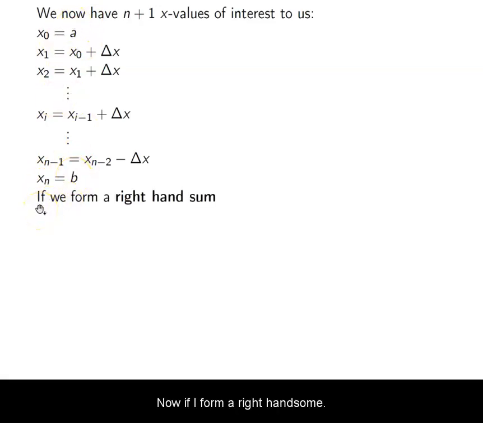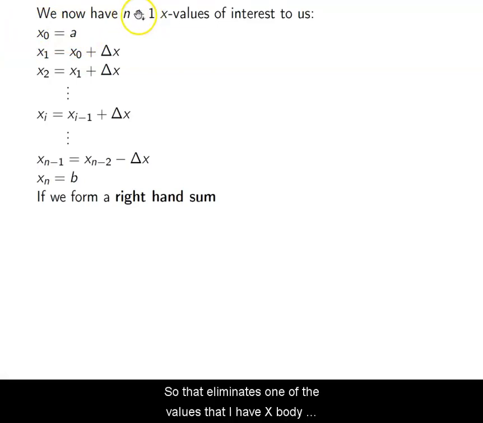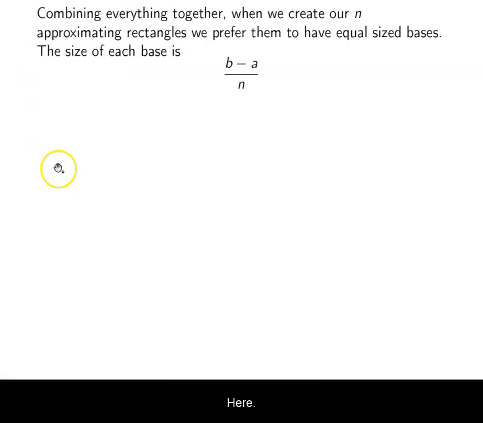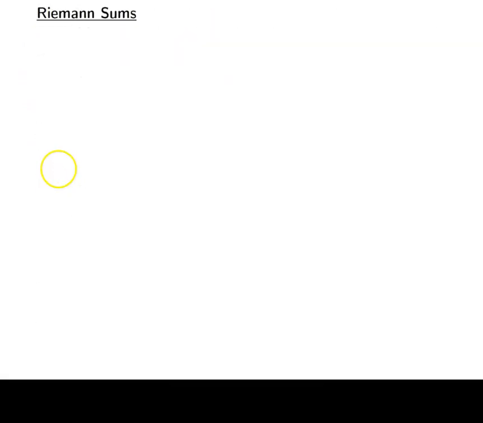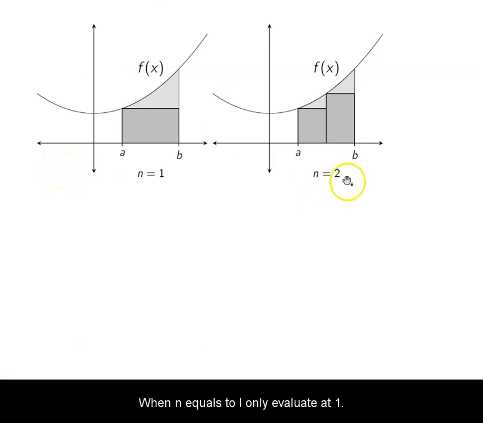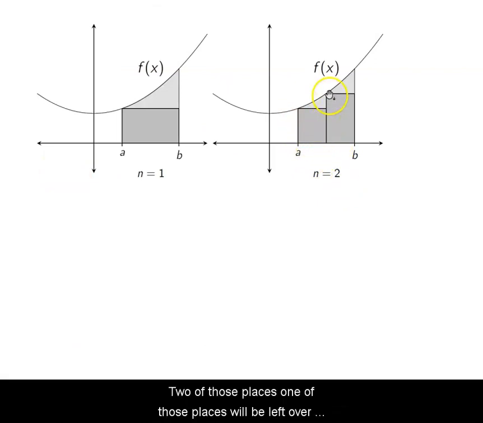Now, if I form a right-hand sum, I do not evaluate at x naught. So that eliminates one of the values that I have x value-wise of interest to me, and that leaves me with n things to plug in. Okay, so again, let's come back here. When n equals 2, I only evaluate at 2 of those places.